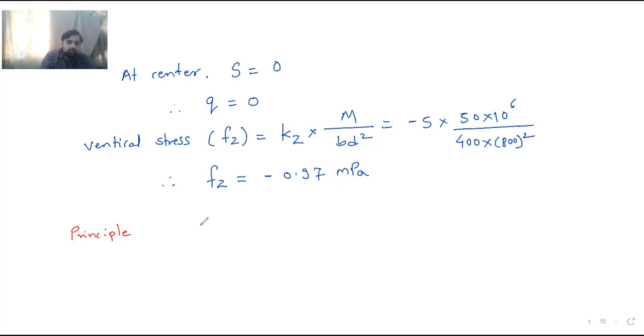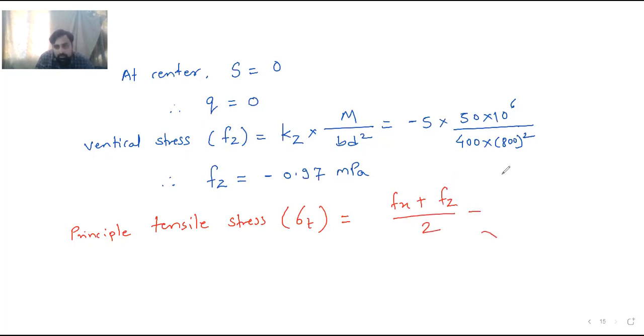Okay. So now principal tensile stress, and this is again sigma t. Again we will use that formula: (Fx plus Fz) divided by 2, minus, under the root, ((Fx minus Fz) by 2) whole square plus q square.